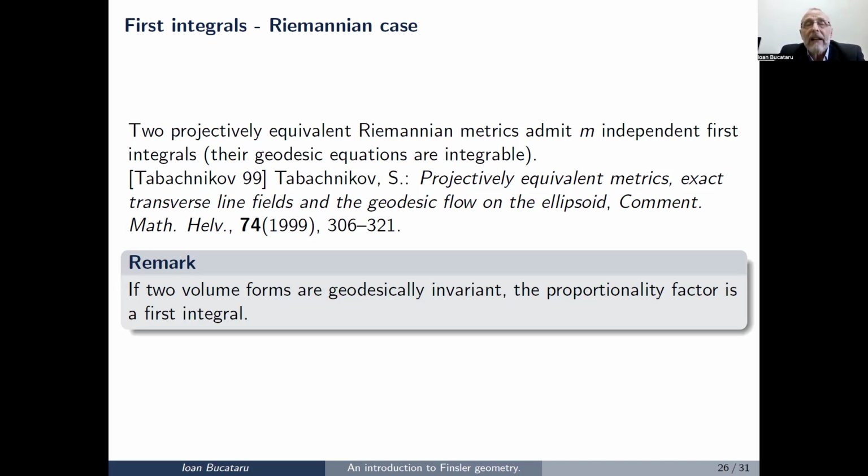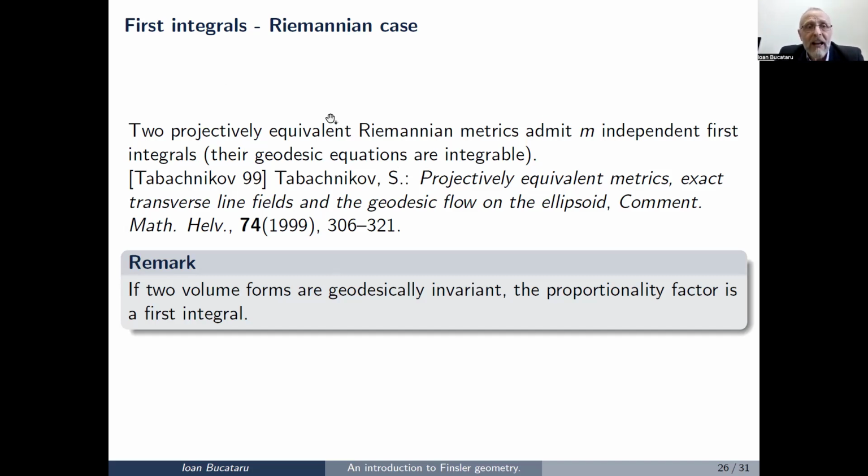So you cannot actually have an explicit form. You don't really know how the geodesics look like. So what you want is qualitative information about the geodesics. Well, more important, you want, if possible, to integrate this geodesic equation.